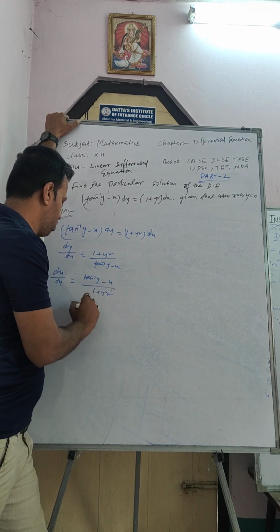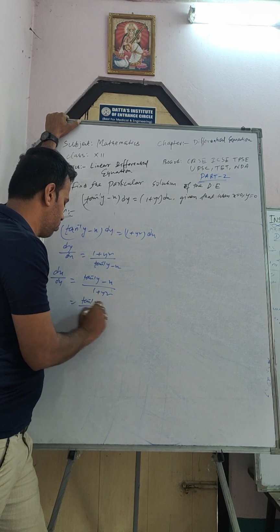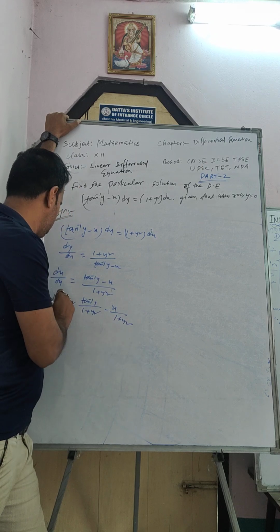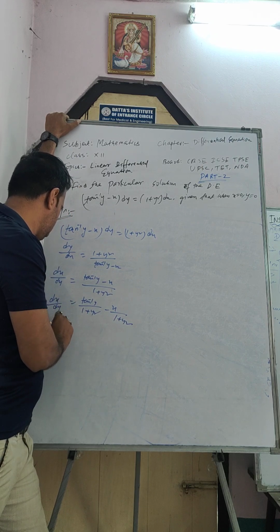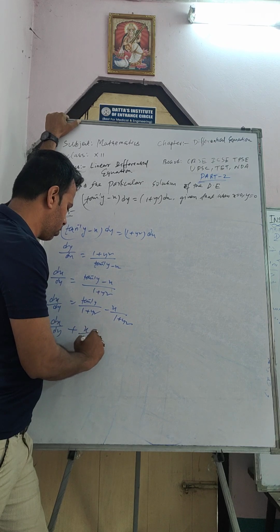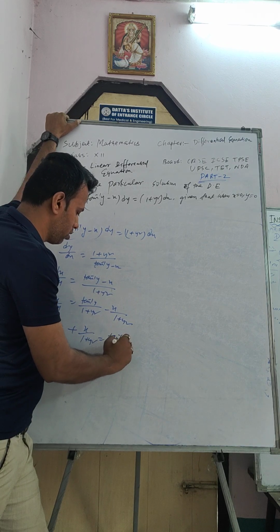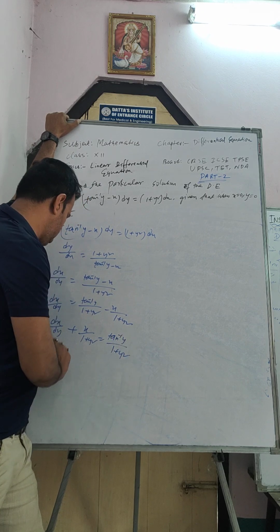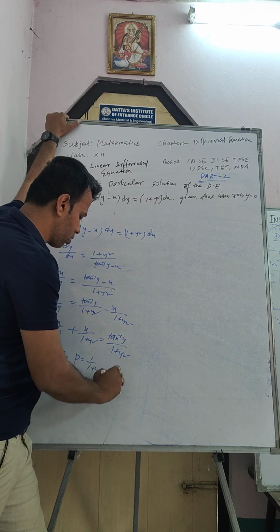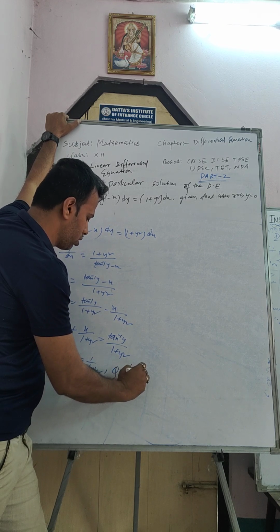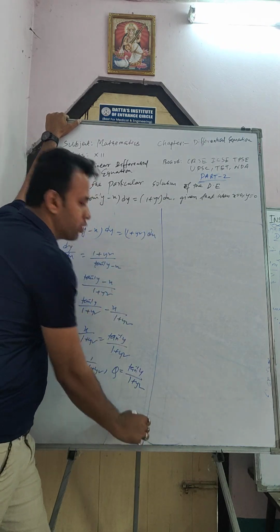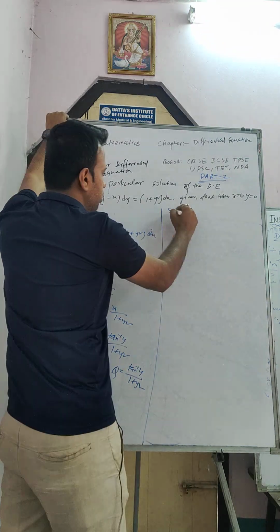So tan inverse y by 1 plus y square minus x by 1 plus y square, so dx/dy plus x by 1 plus y square equal to tan inverse y by 1 plus y square. So here P is 1 by 1 plus y square, Q is tan inverse y by 1 plus y square. Okay, so what is the solution? The solution of the differential equation is like that.